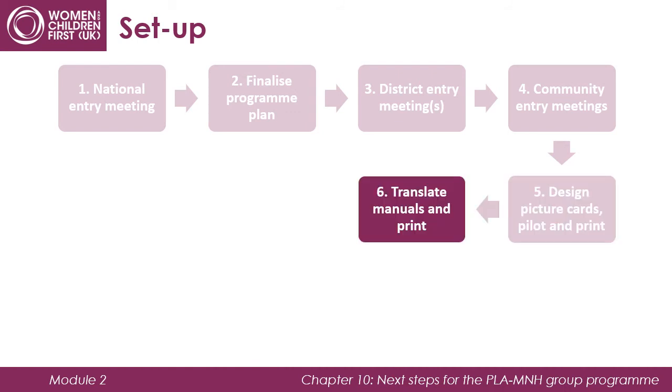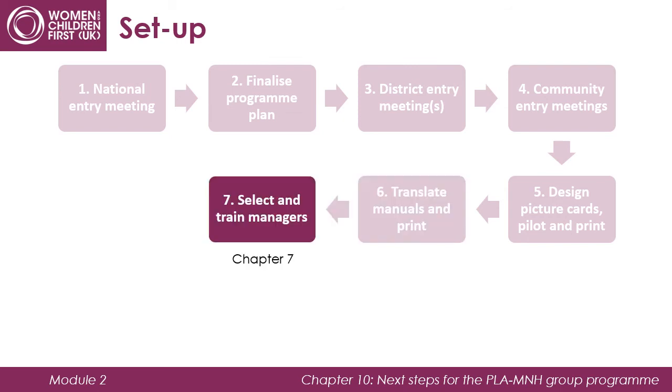Step 6 is to translate the learning manuals into the local language and print a sufficient number of copies. Step 7 is beginning to build your PLA-MNH team by selecting and then training your PLA-MNH group managers. You may want to revisit the decisions made in Chapter 7 to support completion of this step.